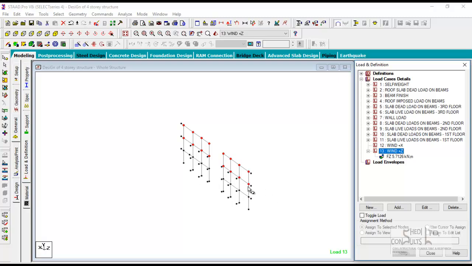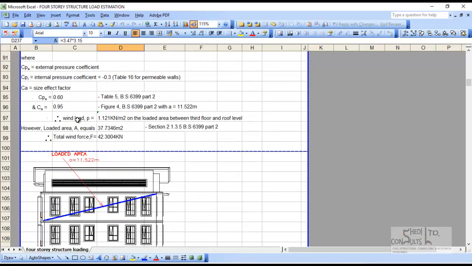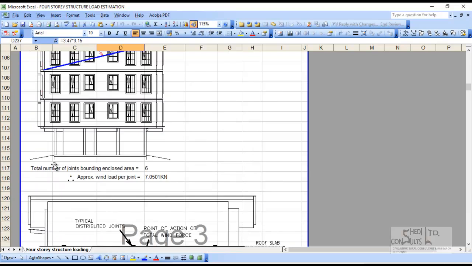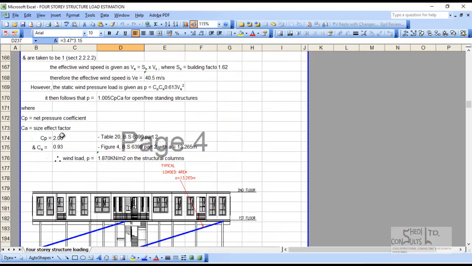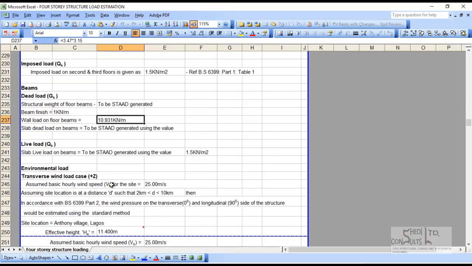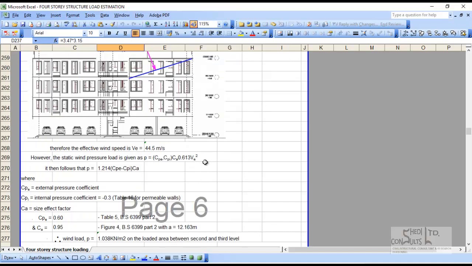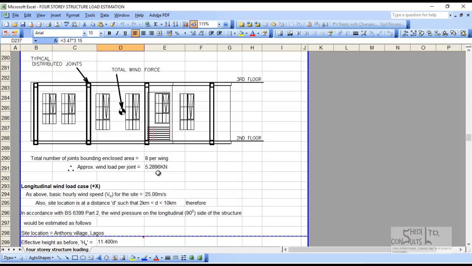Let's look at what's happening on this other lower elevation in the Z direction. So this is on the first floor level. Let's look at the second and third floor. What is the wind load? On the second and third floor, the wind force is approximately the same, 5.2896.